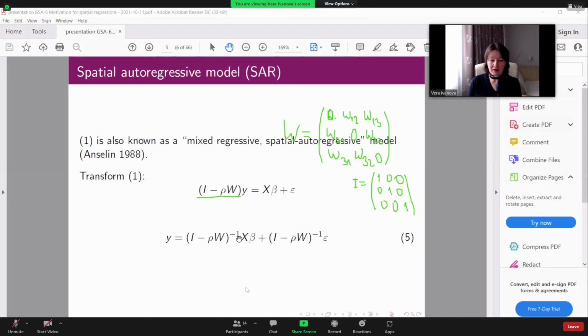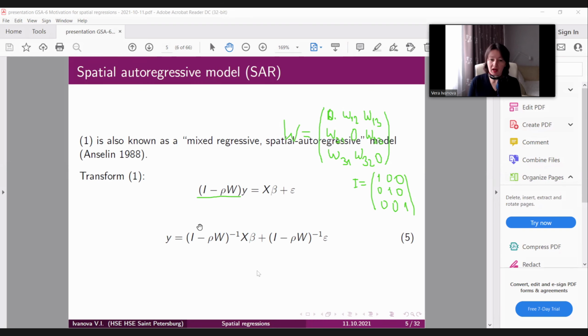Because when we have a huge number of observations, for example, thousands of observations, and then we construct spatial weights for them, that is, we get a spatial matrix with huge number of dimensions.